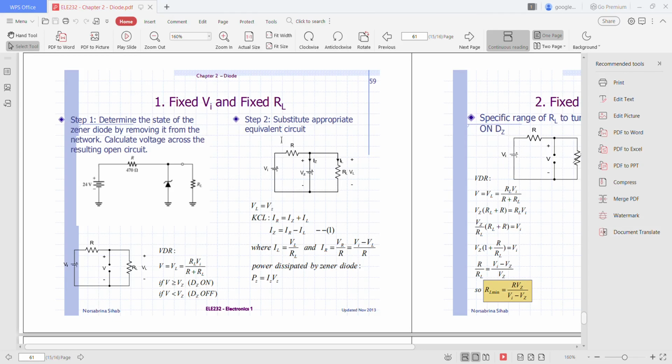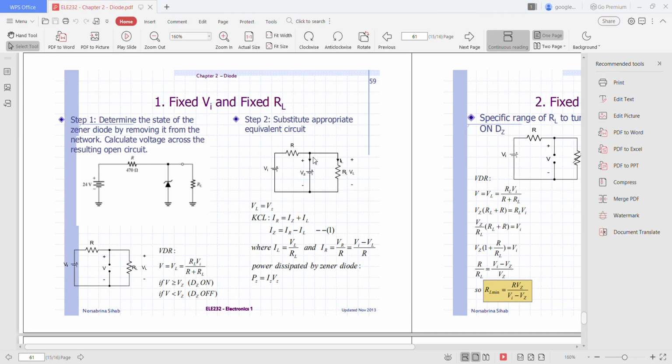For the network of step 2 here, the on state will result in the equivalent network. Since voltages across parallel elements must be the same, we find that VL equals Vz.